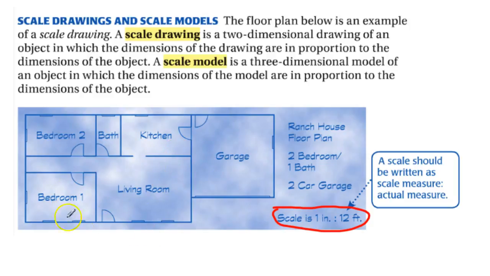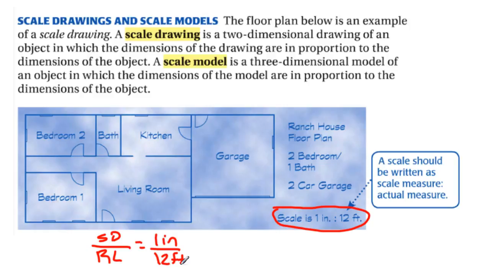Alright, so you can set up proportions to solve these problems. What I like to do is write scale drawing, SD, and then real life. It says the scale is 1 inch, and in real life that is 12 feet.